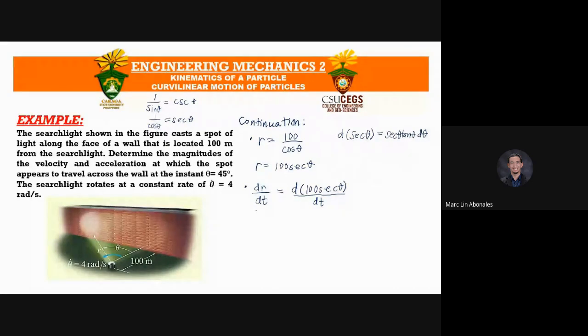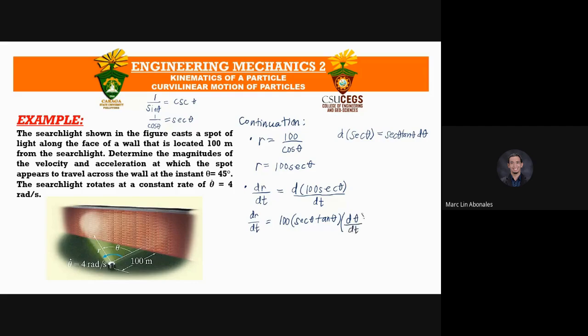So this would be dr over dt equals 100, since 100 is a constant, times secant theta tangent theta times d theta over dt.